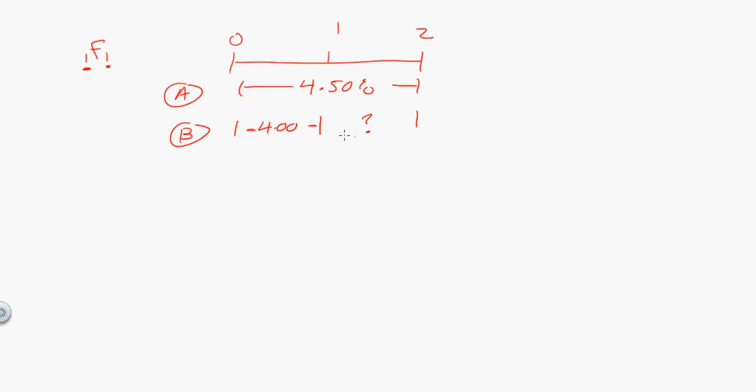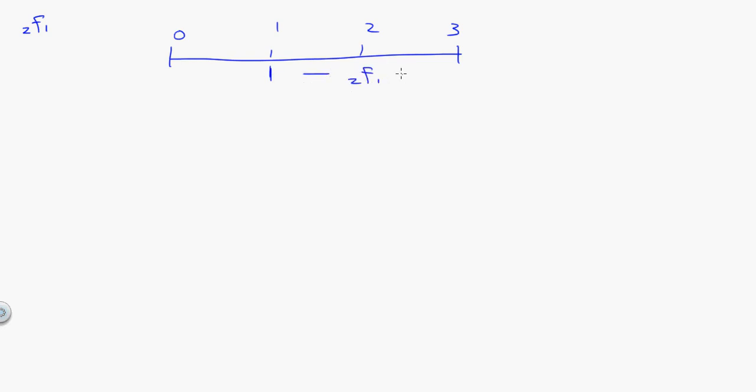The forward rate here is what makes me indifferent between A and B. So let's make them equal to each other. 1.045, it's in there for 2 periods, is equal to 1.040, which is in there for 1 period, times 1 plus 1F1. That has to be there for 1 period as well, because 1 plus 1 is 2. I solve for this, and it comes out to be 5.002%.